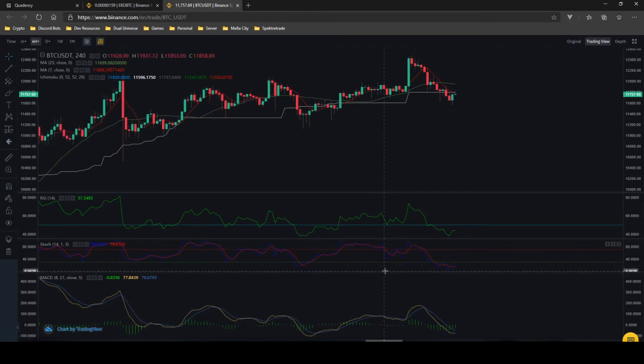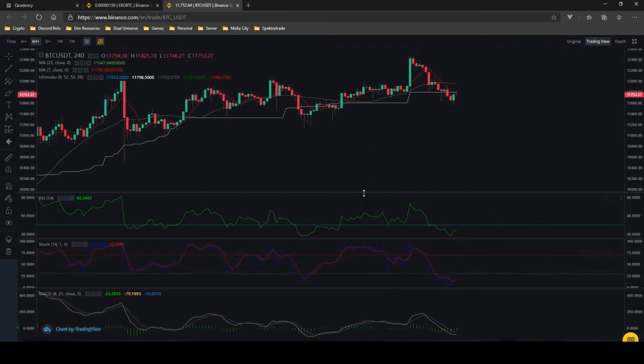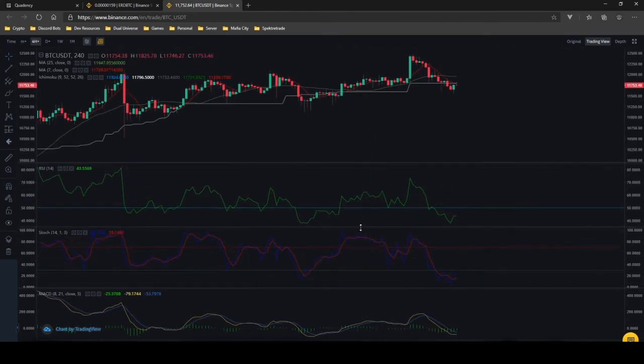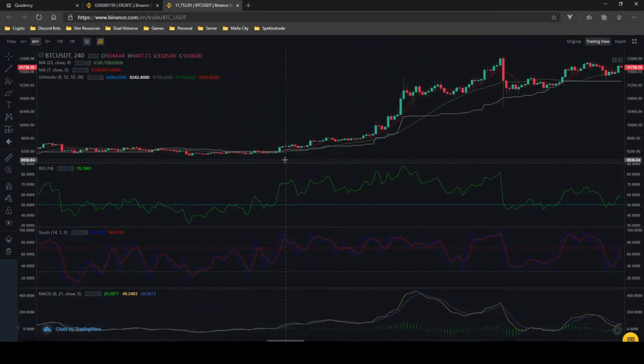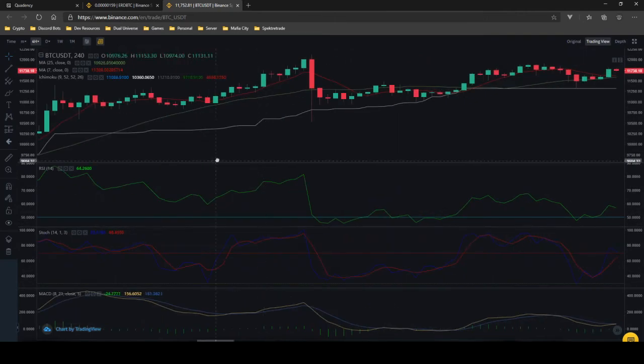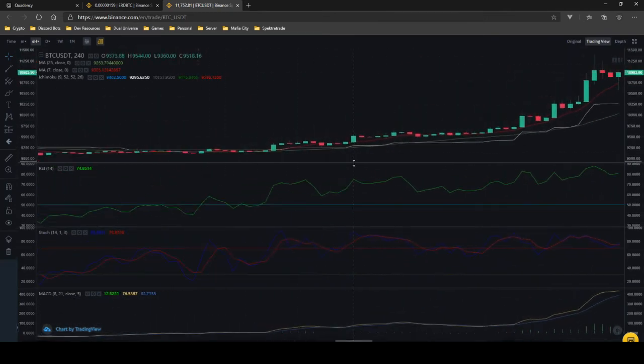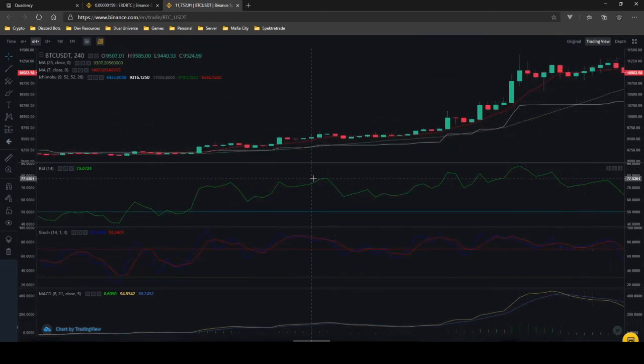Now let's throw all this together, shall we? A good way to show you is from history. So let's go back to where this previous run started, back here, which is in January, February, March, April, May, June, July this year. If you bought in here, looking at the baseline and the confirmation over here, then yeah, great, happy days.